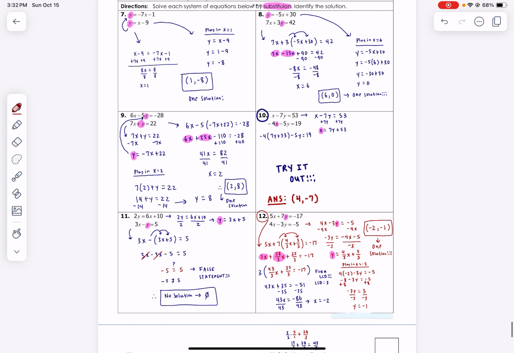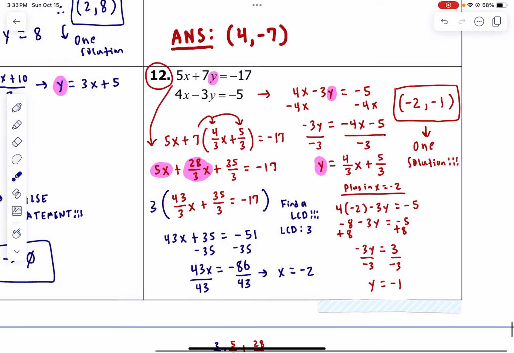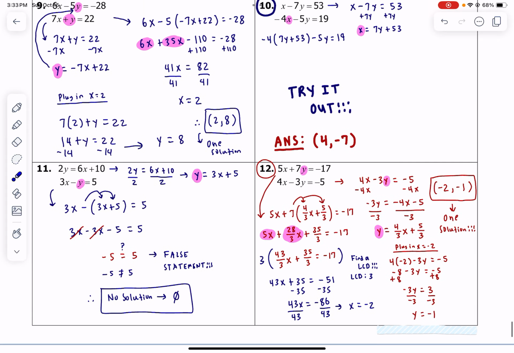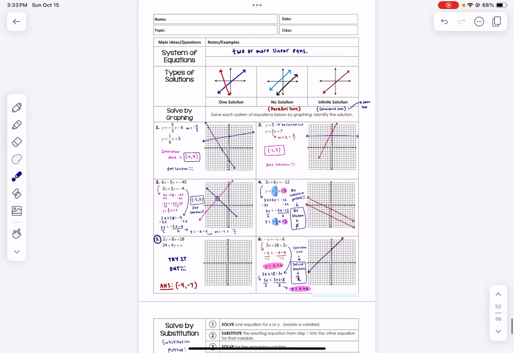All right. So once again, example number 12 is a little bit more difficult just because you're dealing with the fractions. Just be real careful when you're simplifying throughout the whole process. If you're able to, try to find an LCD, which is what we used here, to help you work with the equation more easily. And in example number 12, once again, we only got one solution. So hopefully this video was very helpful. Once again, just a real quick recap.